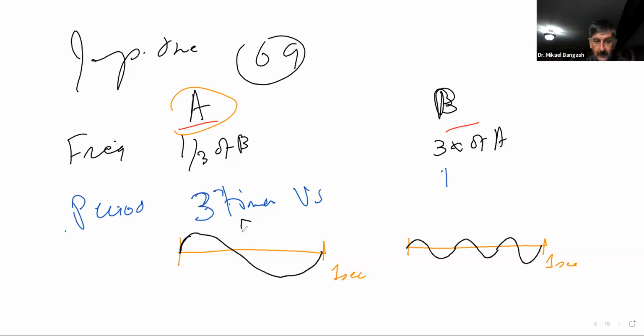So here our frequency is 1 cycle per second, and here it is 3 times greater, which is 3 cycles per second. Did you guys get that?